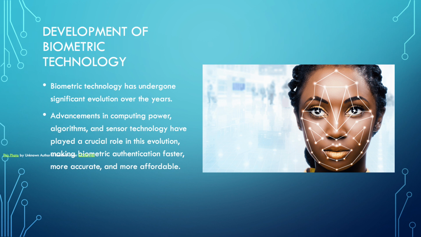Advances in computing power, algorithms, and sensor technology have played a crucial role in this evolution, making biometric authentication faster, more accurate, and more affordable. Some examples of this are the development of fingerprint recognition, where we went from early optical scanners to advanced sensors that are now used in smartphones. This is also very similar for facial recognition.